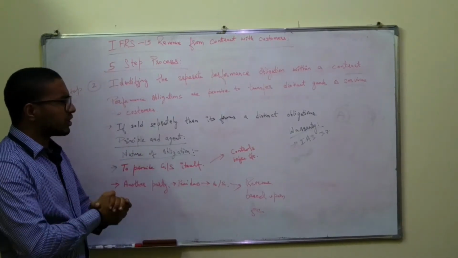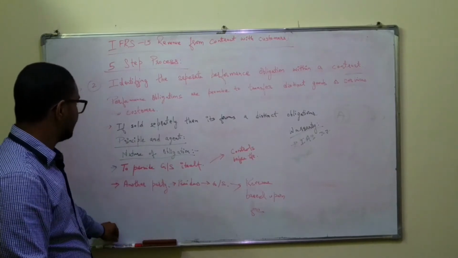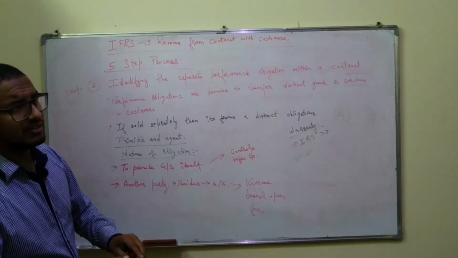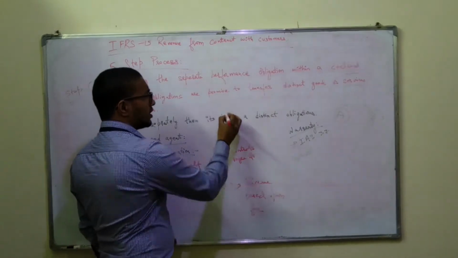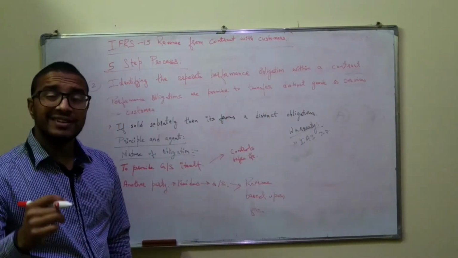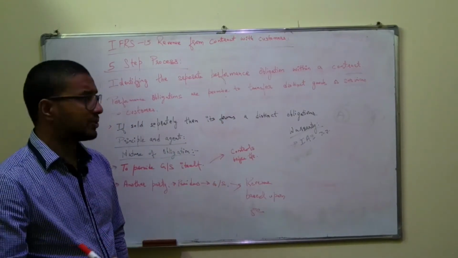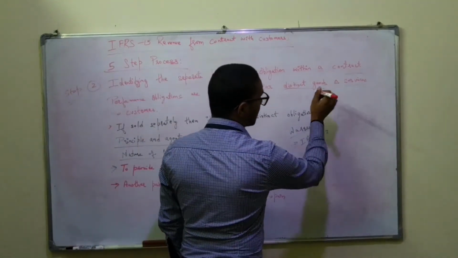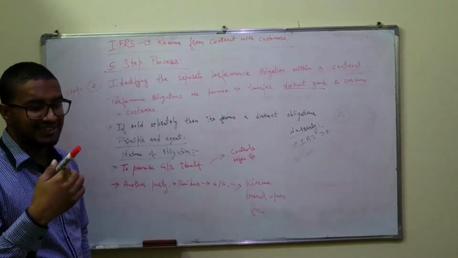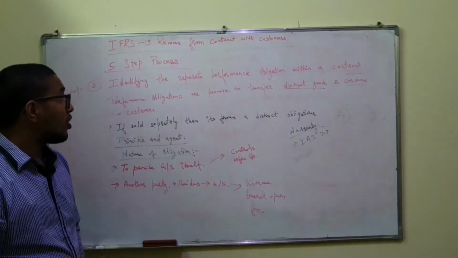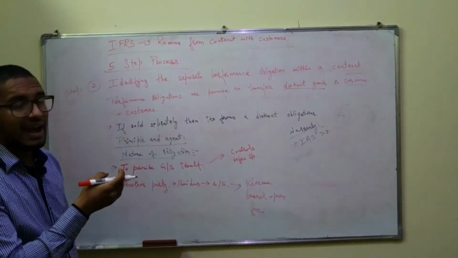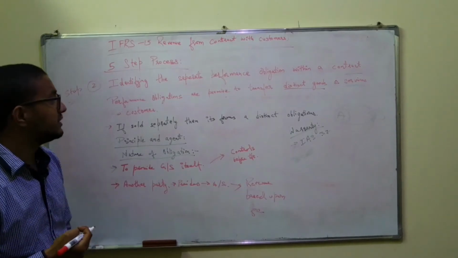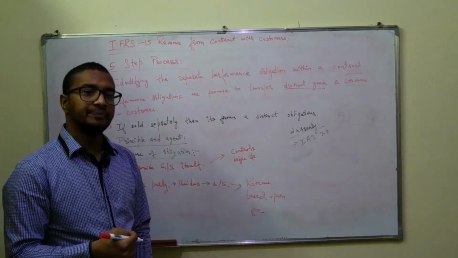So let's look at what a performance obligation is. A performance obligation is a promise to transfer distinct goods and services to the customer. So the company, or whoever is selling the good, has an obligation, or has made a promise, to transfer distinct goods and services.